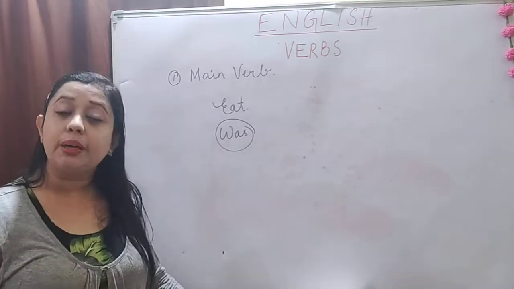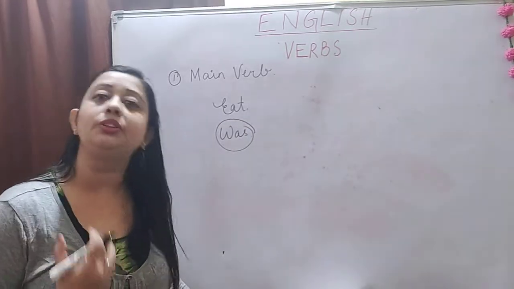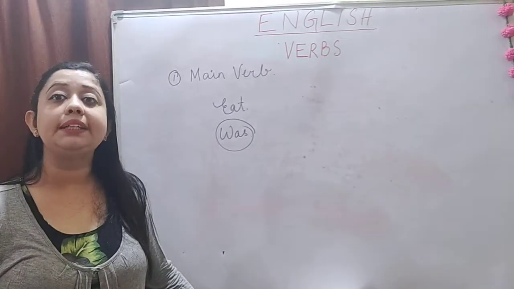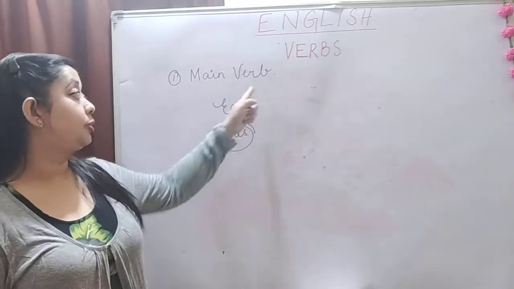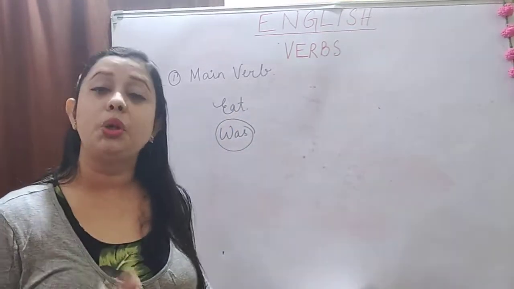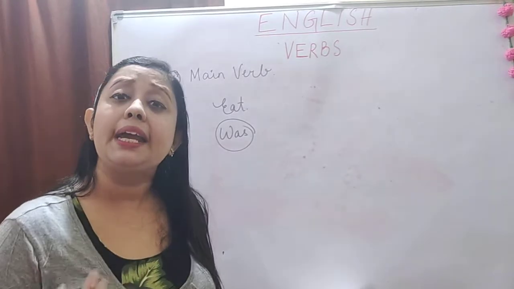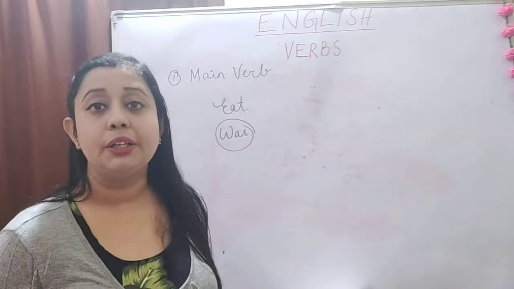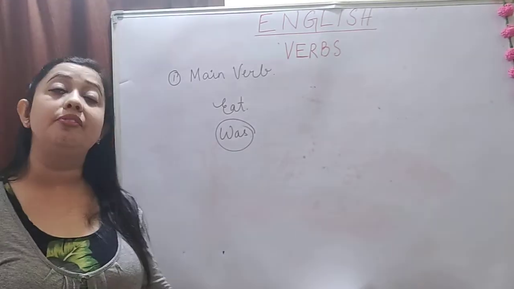No. In order to understand was, we have to use it in a sentence. Therefore, what do we understand about main verbs? Main verbs are those verbs which are independent, who do not need the help of any other word to make us understand them. So, that is what a main verb does.